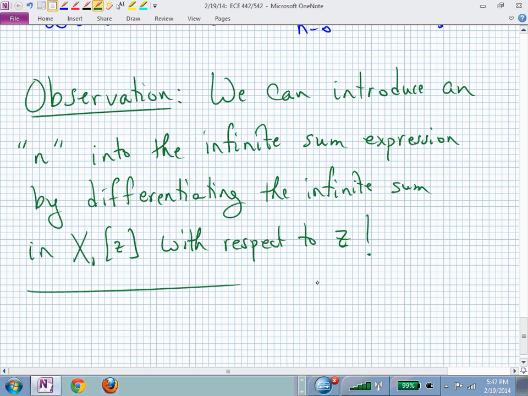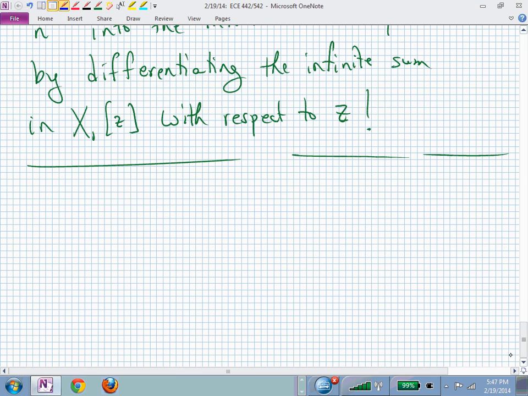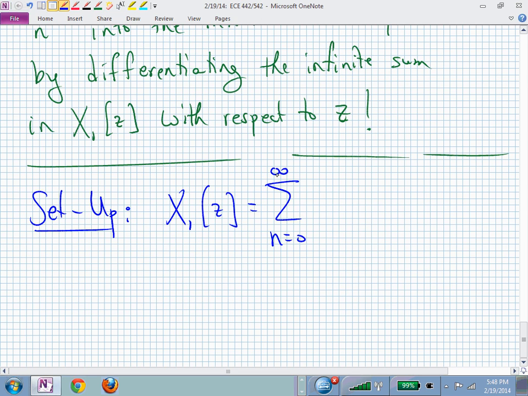Here's our setup for what we want to do. We have X sub 1 of z equaling this sum from n equals 0 to infinity of 1 times z to the minus n, and that's equal to z over z minus 1.